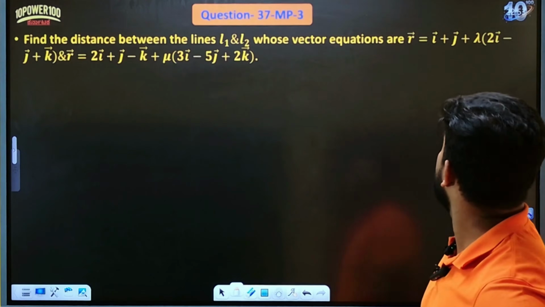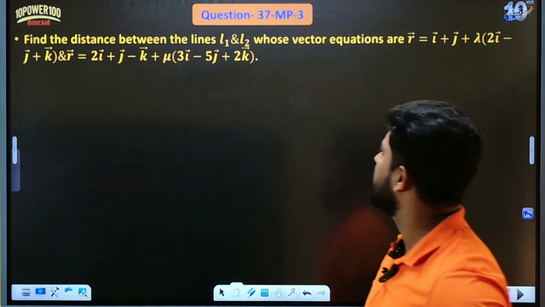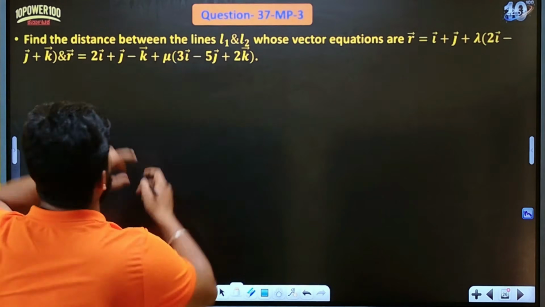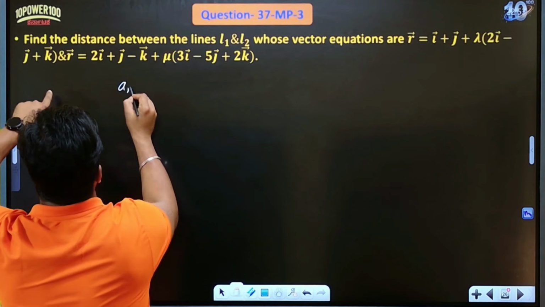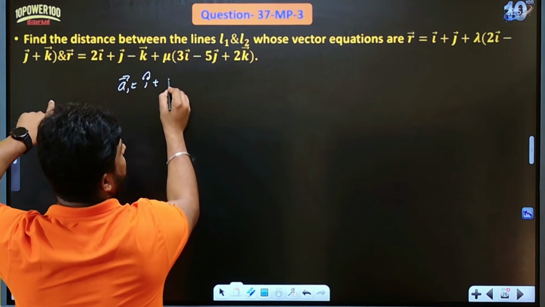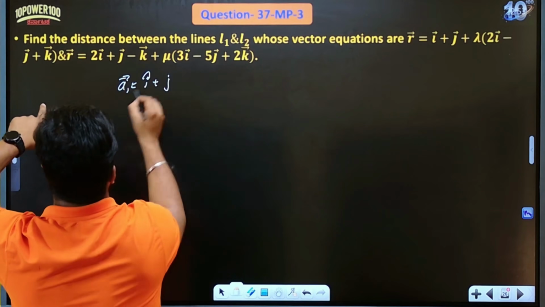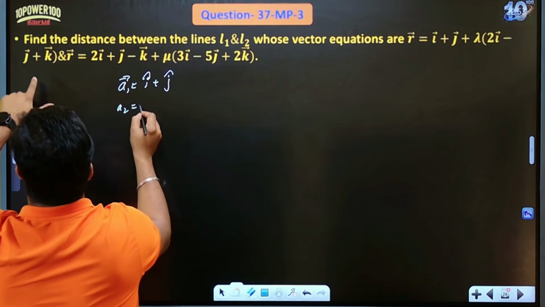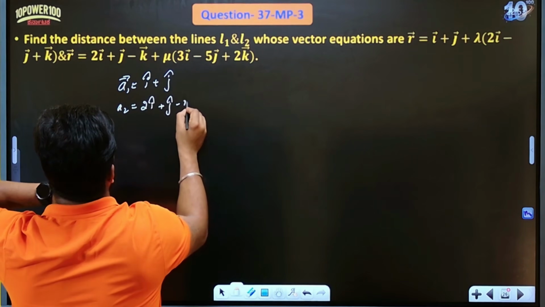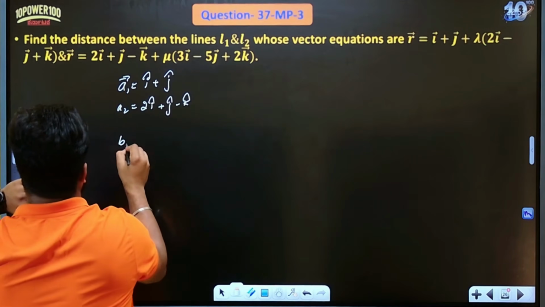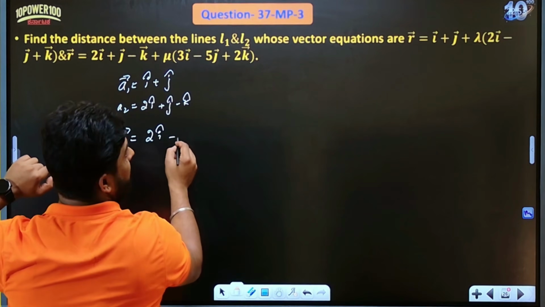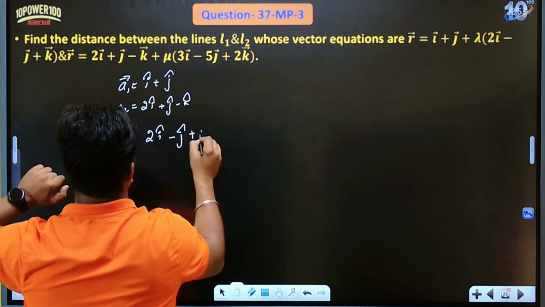Next, find the distance between two skew lines. Yeah, this is a skew line question. Write down the same. A1 vector is i cap plus j cap. Next, A2 is 2i cap plus j cap minus k cap. Next, B1 vector is 2i cap minus j cap plus k cap.